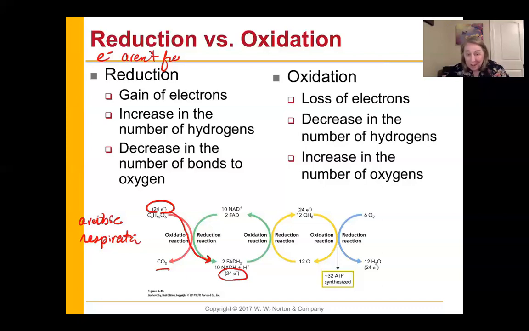So this is an oxidation reaction, right? We're going from our sugar that's losing hydrogens, that's losing electrons, and we're increasing the number of oxygen to carbon, right? So the absorption of those electrons, that transfer of those electrons is changing you from reduction to oxidation, right?